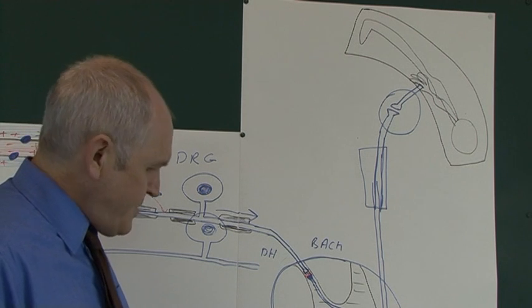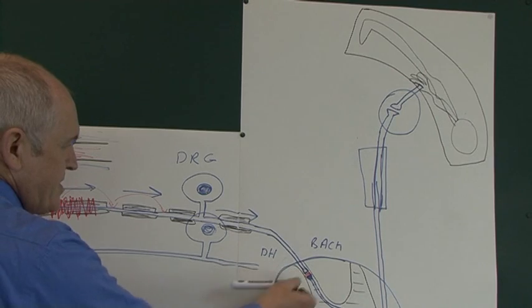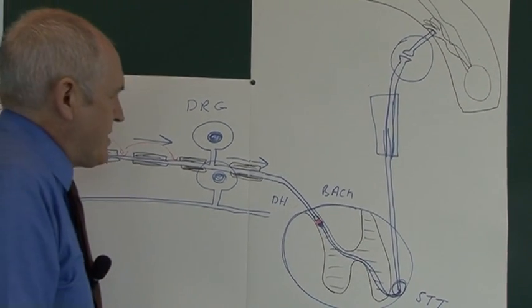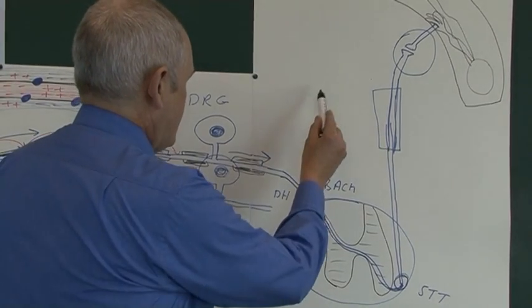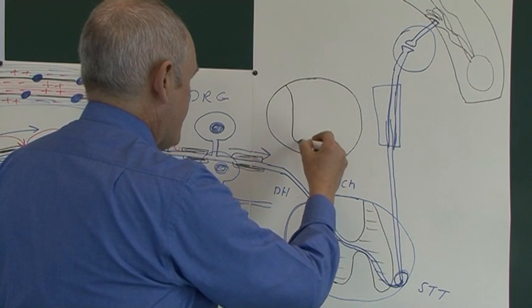Now, the position with the C fibres is similar, but slightly different. When a C fibre goes into the spinal cord, let's just draw another spinal cord here. Here's another spinal cord. Here's the grey matter.